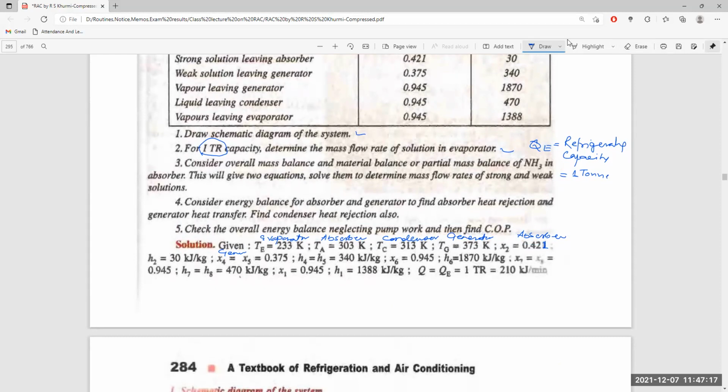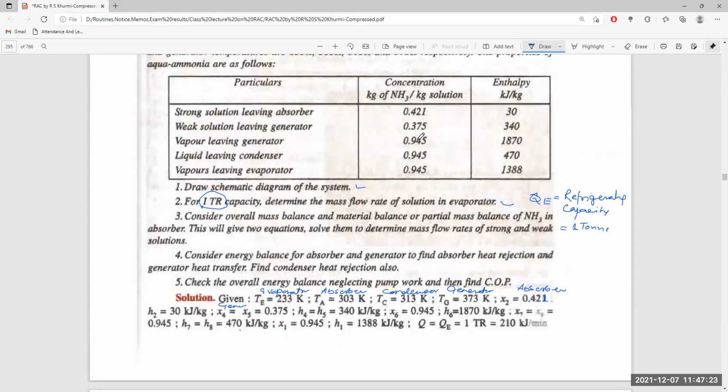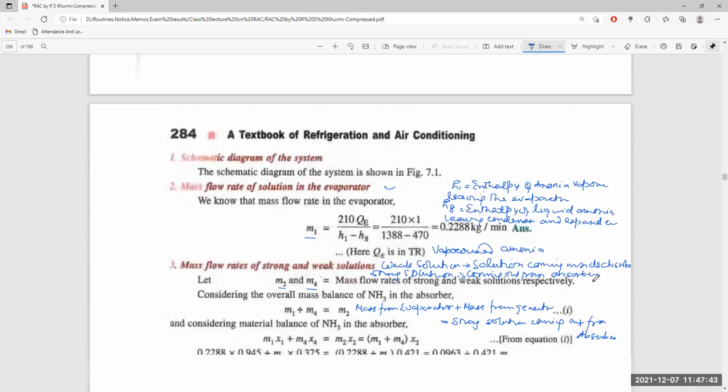X2 is given here. For the solution leaving the absorber, the concentration is 0.4321 kg of NH3 per kg solution. So X2 is for the solution leaving the absorber. Here we put the value of X2.